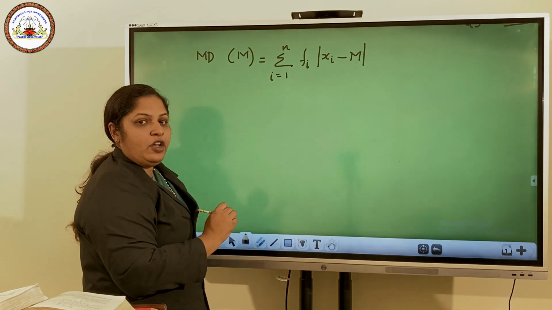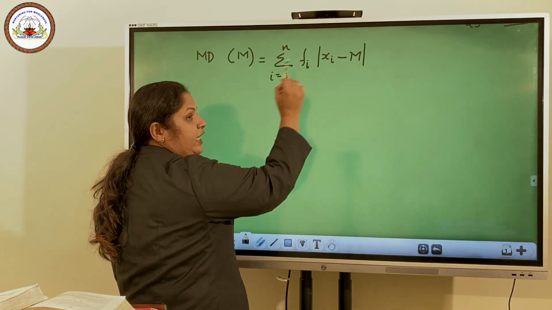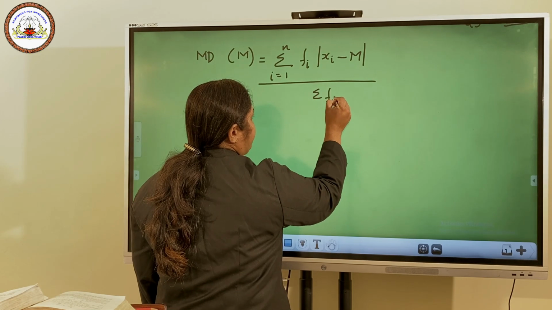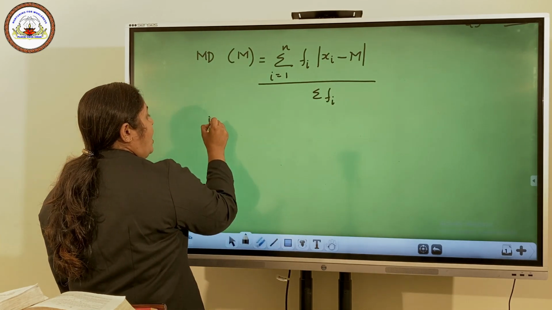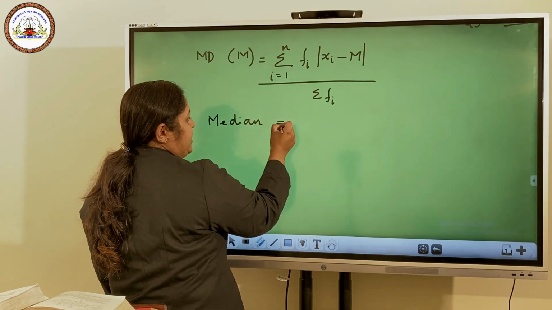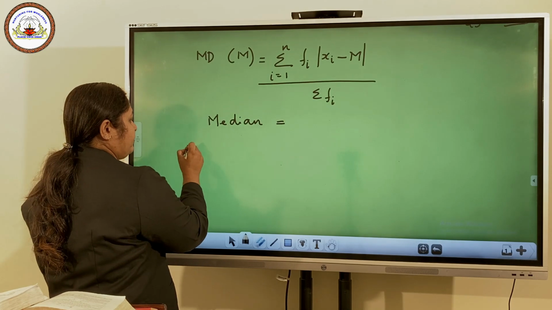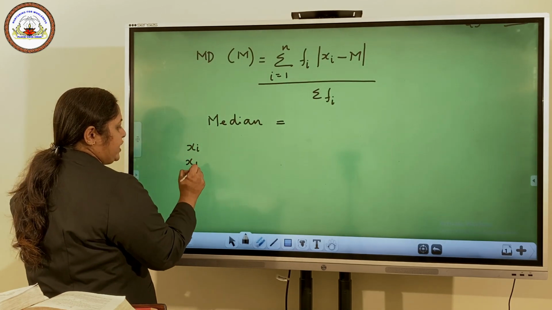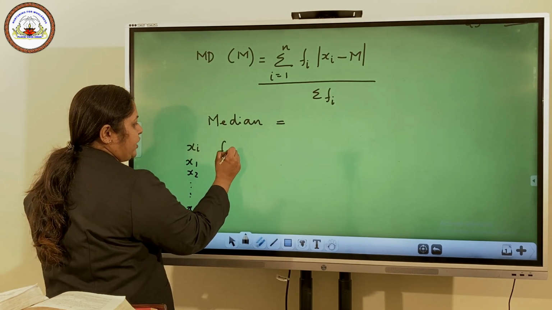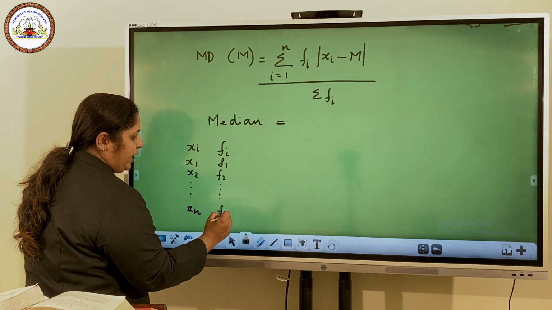Instead of the mean, we find the median and take the deviation of each x value from the median and divide it by the sum of frequencies. Now we have to learn how to find the median of grouped data. We have xi, that is x1, x2, etc. xn, with the corresponding frequencies f1, f2, etc. fn.